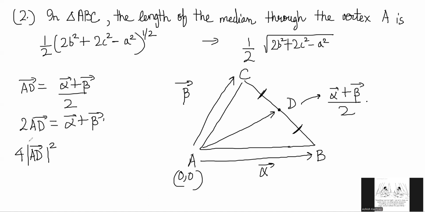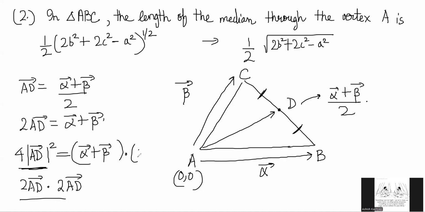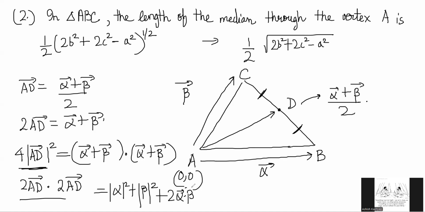What am I doing? I'm doing twice of AD vector dot product with twice of AD vector. That should give me 4 times mod of AD square is equal to, basically, alpha plus beta dot product with alpha plus beta, right? So that will give us mod of alpha square plus mod of beta square plus 2 times alpha dot beta, right?